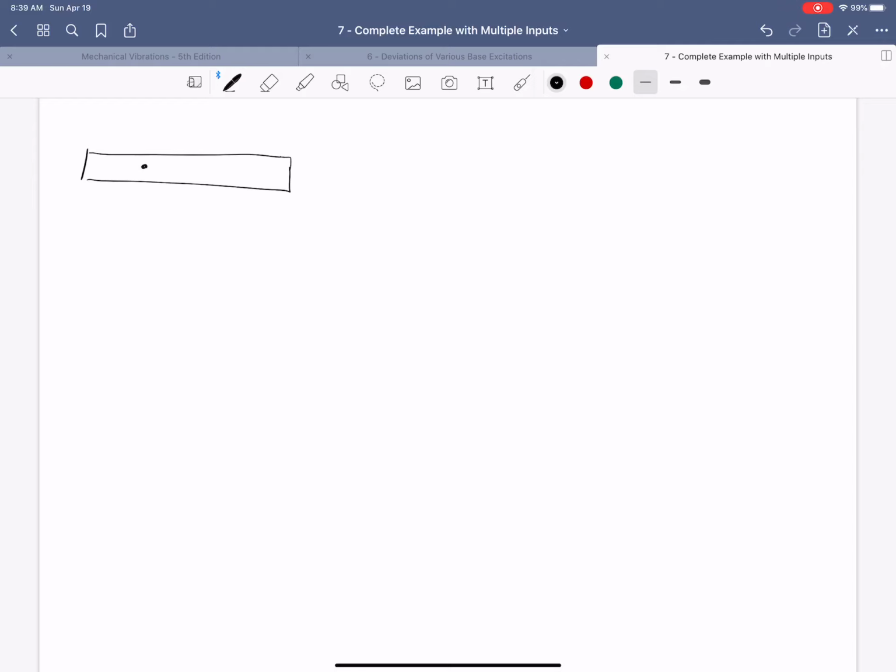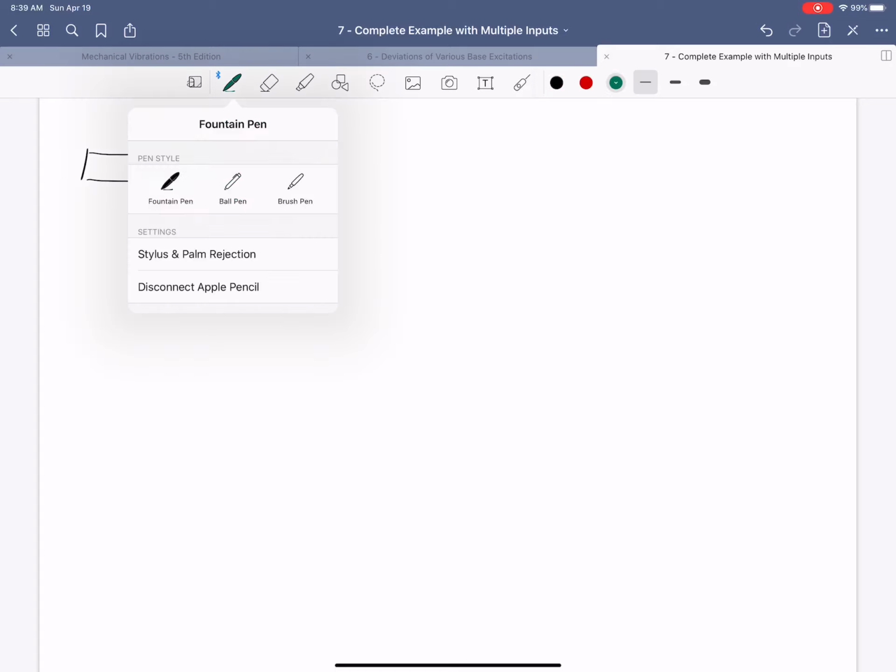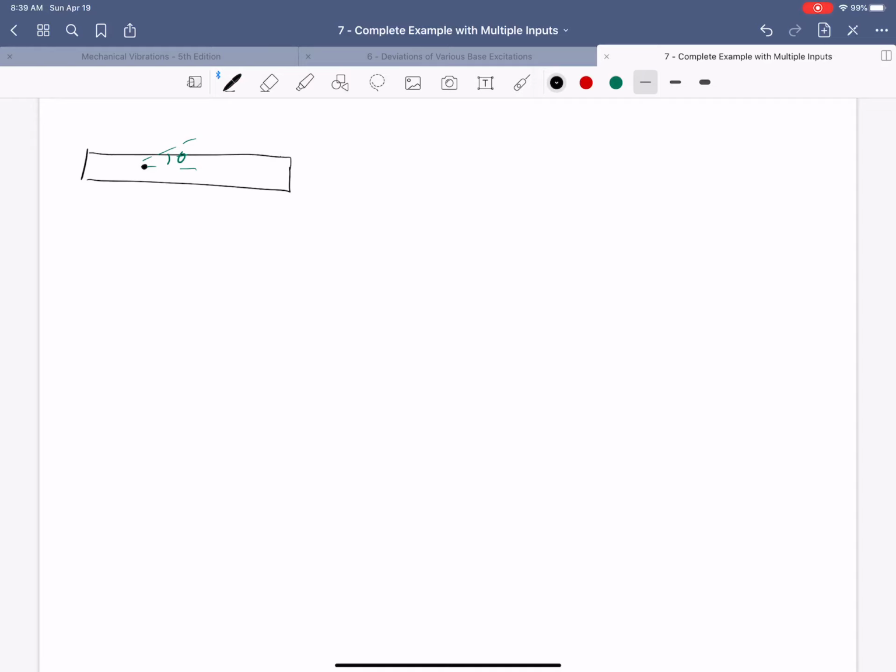So here's a beam, and it's going to rotate. So our degree of freedom is going to be theta. Let's make our inputs blue. We've got a spring and then a damper, and those are fixed. So there's K1 and C1.